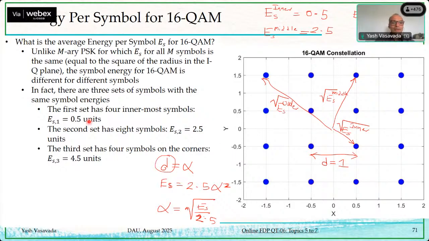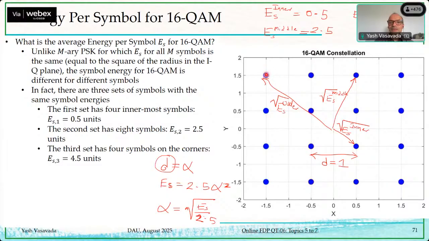So when the distance between two consecutive symbols is 1 unit, then innermost symbols have the energy of 0.5. You can calculate the energy of the middle points. The 8 middle points have energy of 2.5, and the outermost points have the energy of 4.5. Why 4.5?